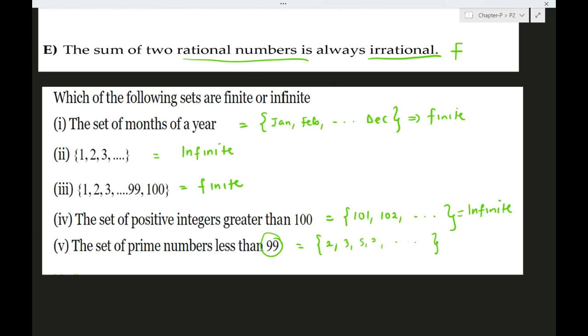Maybe it could be 97. These are the only prime numbers, and you can see it's going to be a finite set as well. So the only infinite sets here are this one and this one.